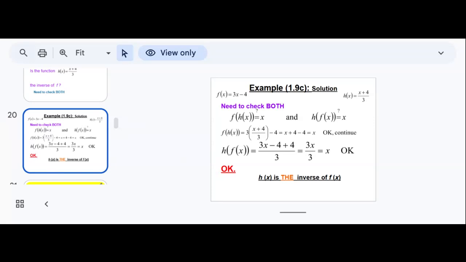So now we learned how many methods? 4. By table, by graph, by equation, by 2 equations, one is the inverse of that. That's it. And the last method, domain and range.